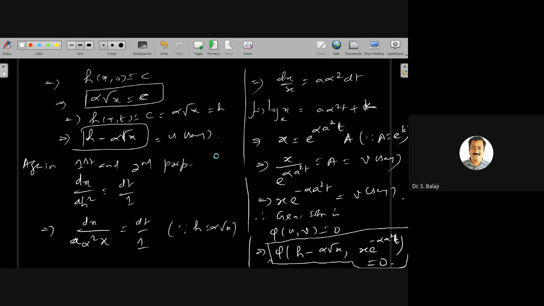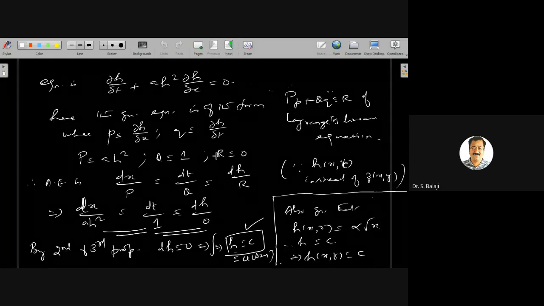Yes, this is the idea. I think all of you understand here. The given equation is of the form of Lagrange's linear equation, Pp plus Qq equal to R. And this equation represents the draining down of a liquid from a vessel: dou h by dou t plus a h square dou h by dou x.